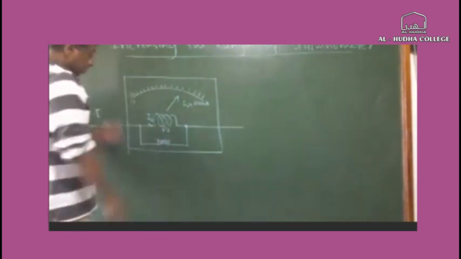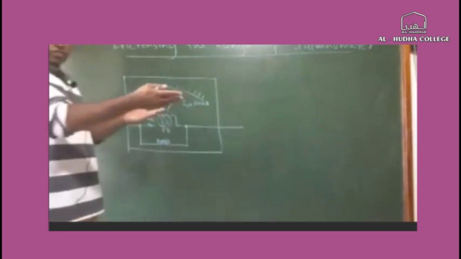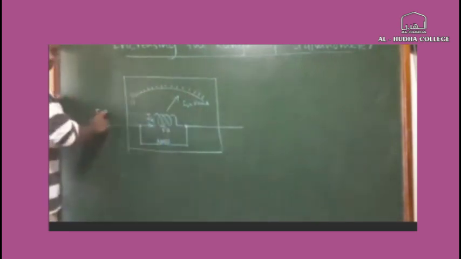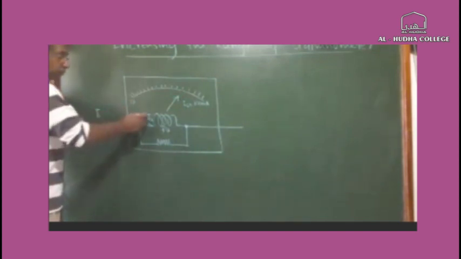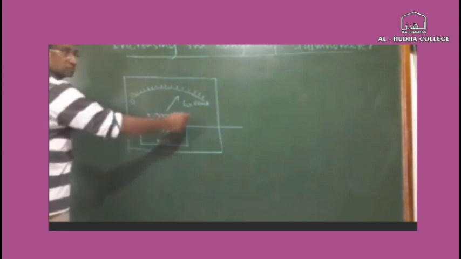Now we know this galvanometer can withstand in the range of 100 milliamps. So if this is assumed to be 1 amp, that is 1000 milliamps, right? If this coil can withstand only 100 milliamps, the balance 900 milliamps should go through this path, right?